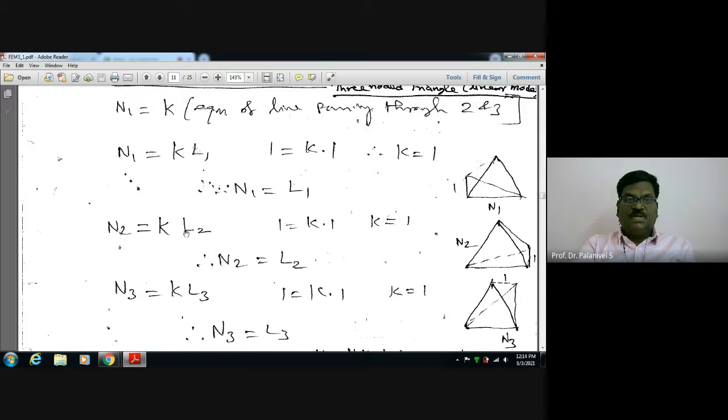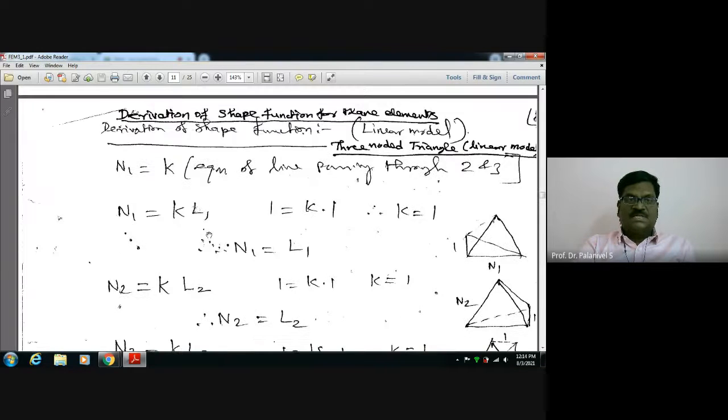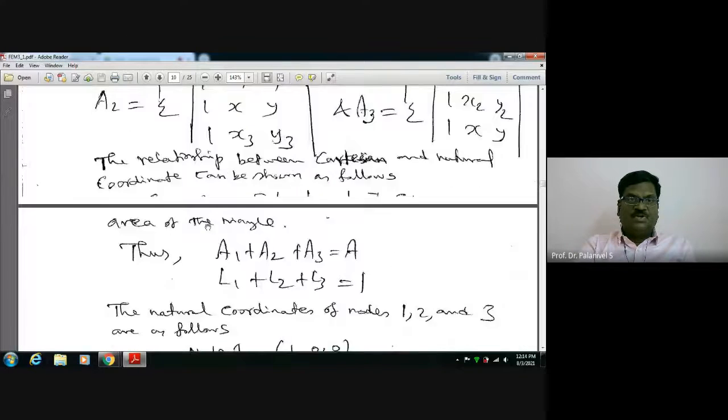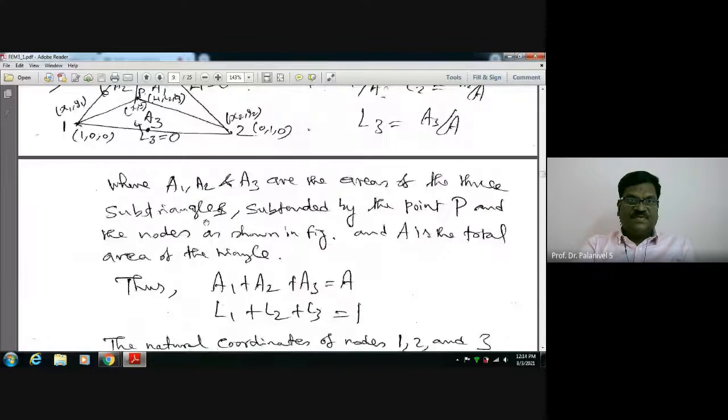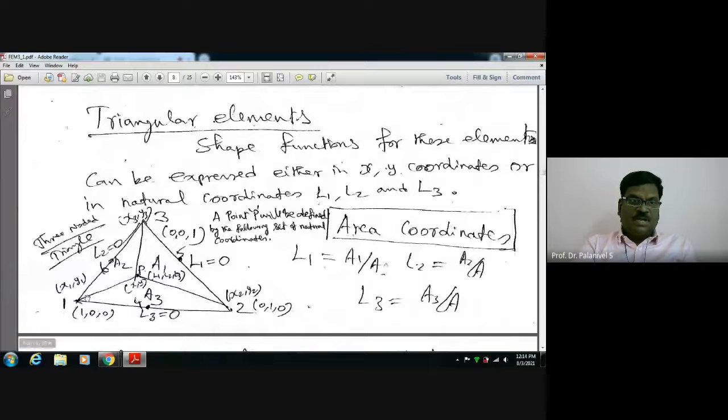And then N2 equal to K into L2. In a similar manner, using the equation of lines, if you come to node 2, at nodes 1 and 3, which one has 0 value? L1 does not have 0 value. L2 has 0 value at both the nodes. Therefore, L2 equal to 0 is the equation of the line passing through node 1 and 3.